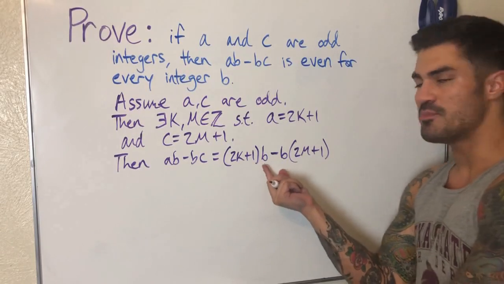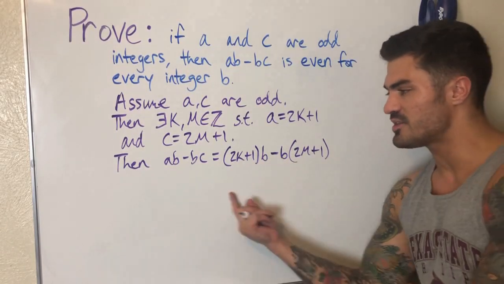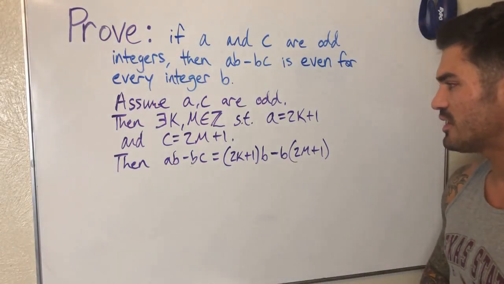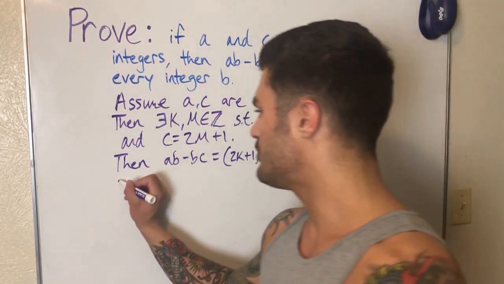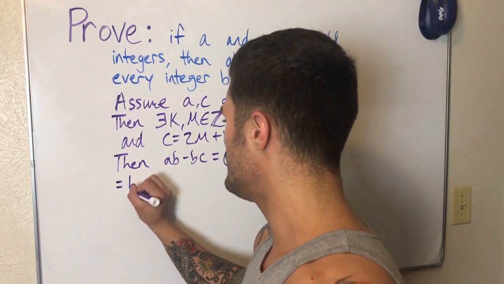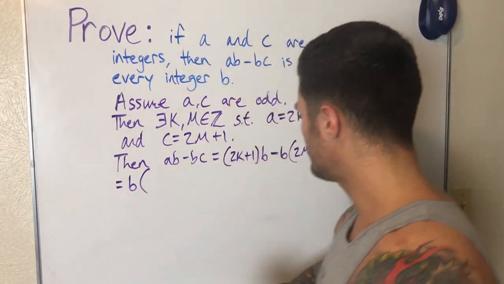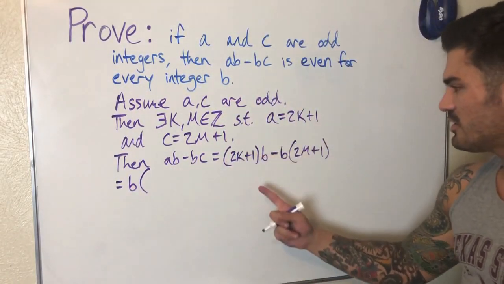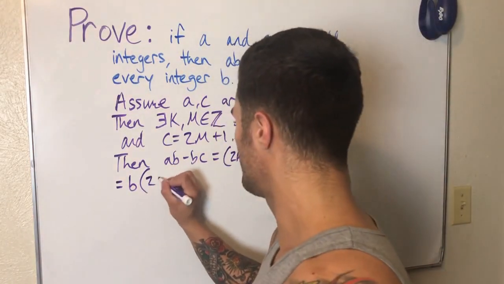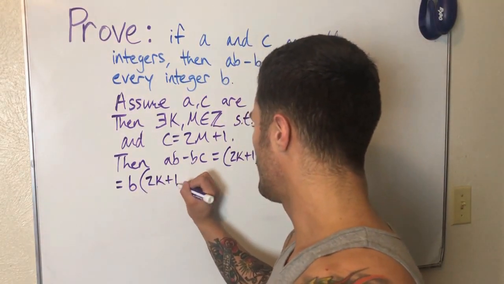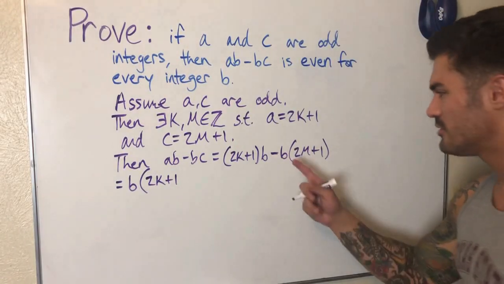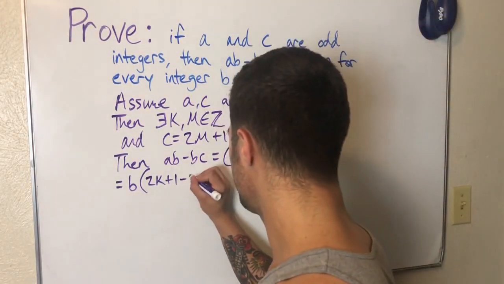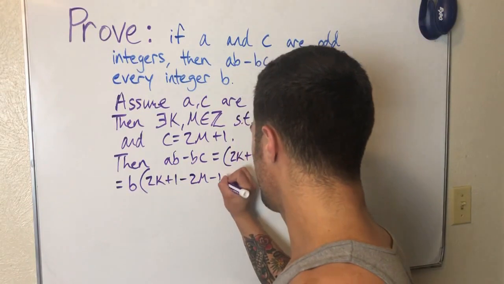You know, I noticed there's a b in both, and it may be easier to factor the b out all the way in front. I think that might be easier. So let me see if I can factor the b out all the way in front. Equals b times what? When I take that out, I'm left with 2k plus 1. And I'm left with minus 2m minus 1, right? The minus has to distribute, minus 2m minus 1.